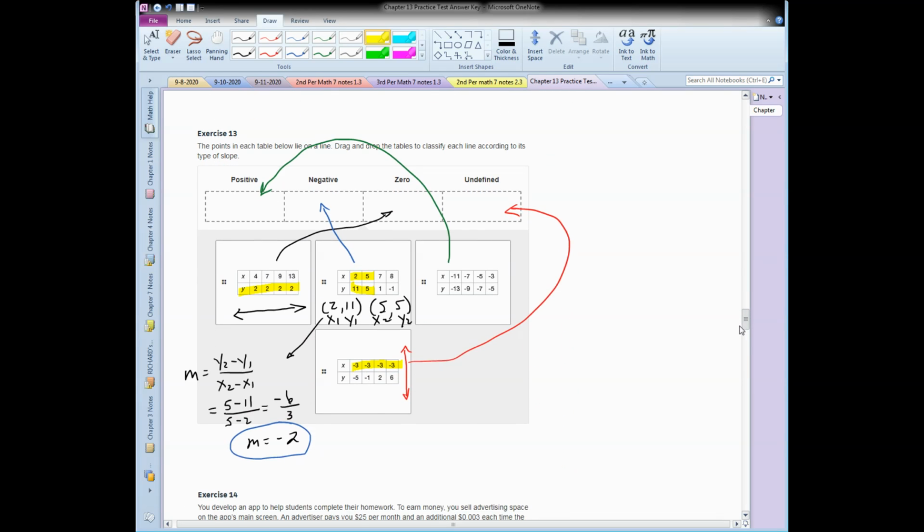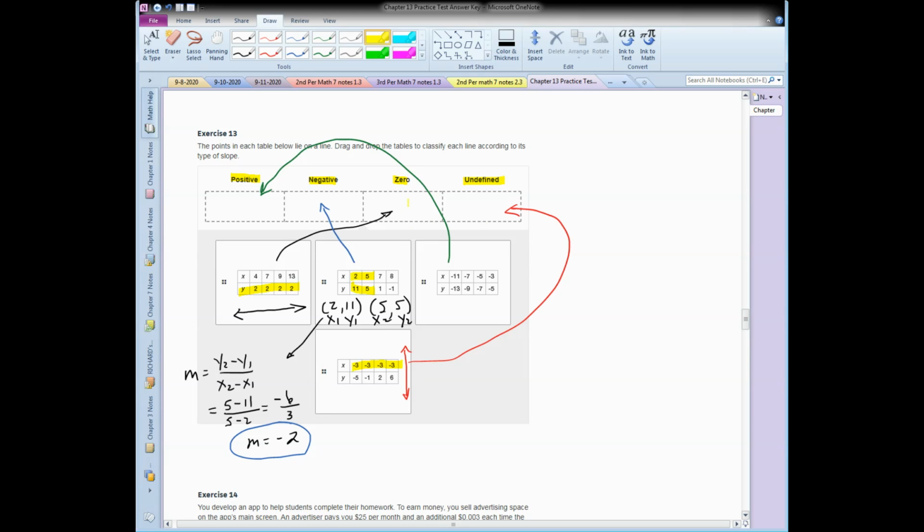Problem 13, there's lots of lines going different directions, and it says the points in each table below lie on a line. So it tells you that these points are on a line. You just need to drag and drop the tables to classify each line according to its type of slope. So I want to know which one of these lines has a positive slope, which one has a negative, which one has 0, which one is undefined.